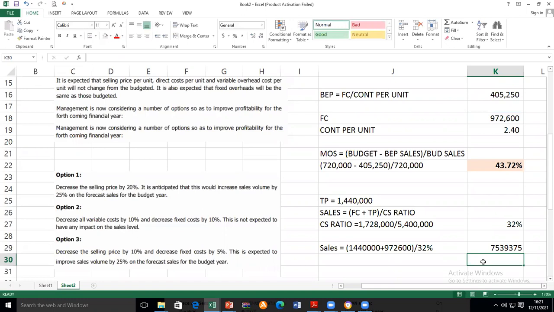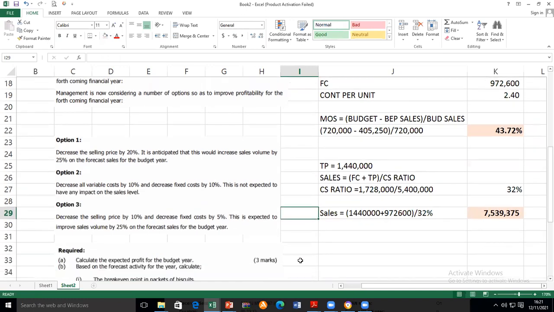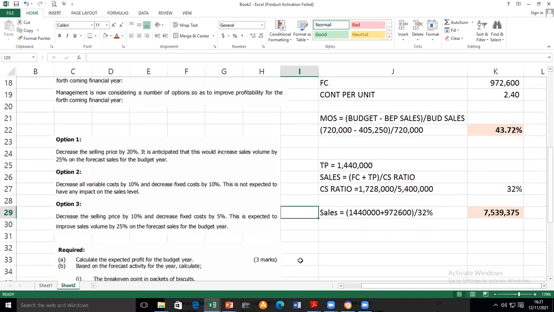This is what I'm getting. Are we all getting that figure?